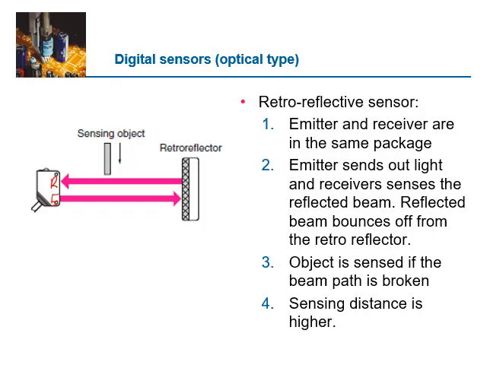However, it has a problem: if this object is shiny, it will also reflect the light beam. So the path will be broken, but the sensor will sense the path is not broken because it can still receive the light. So this is the problem of the retroreflector, although the sensing distance is higher.